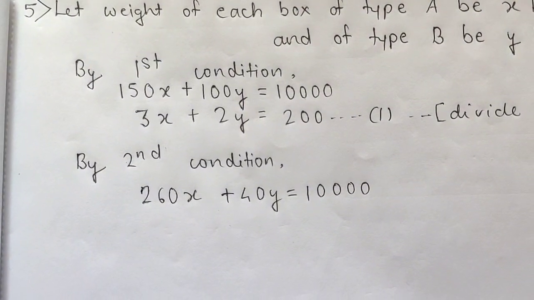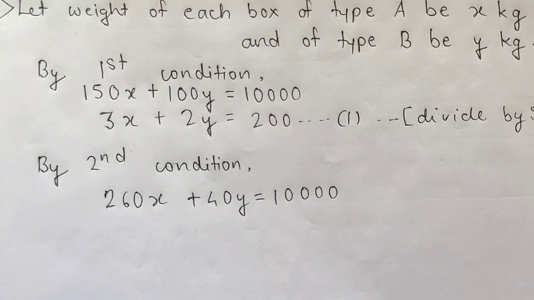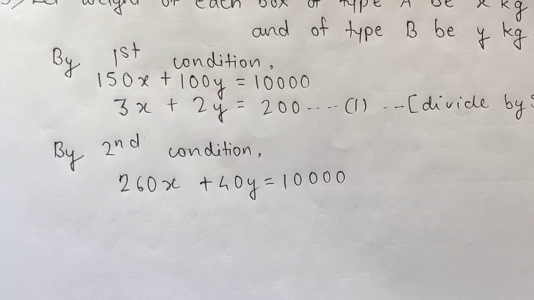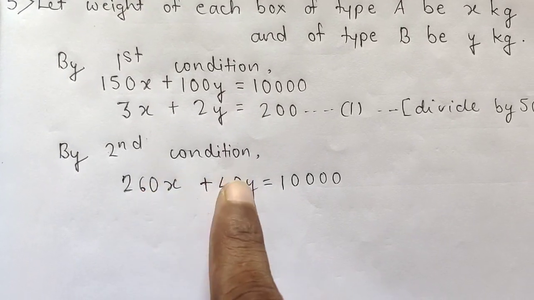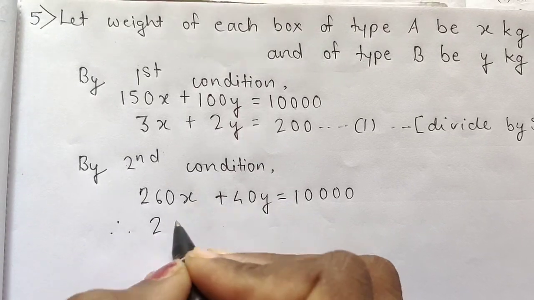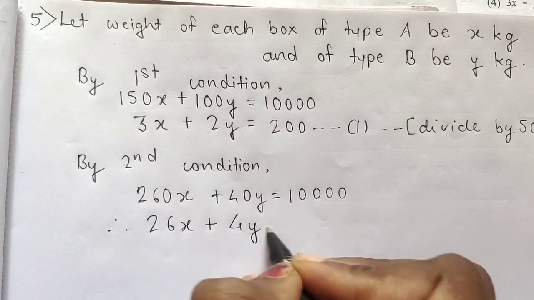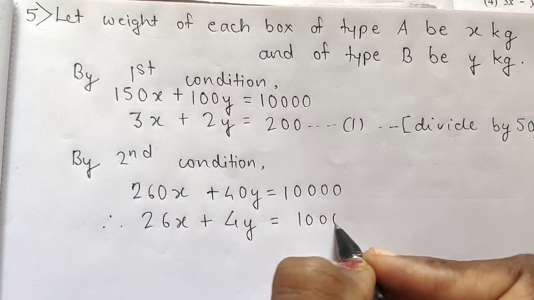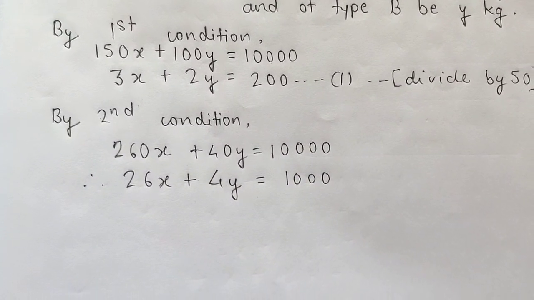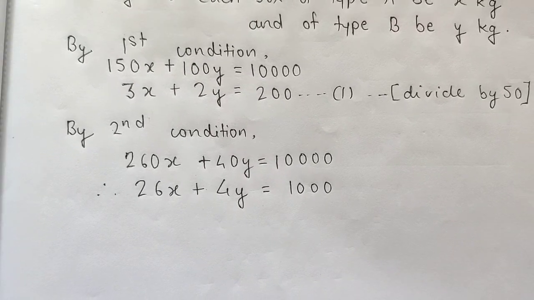Now see, in this case you can cancel one 0 of each term, that is, divide by 10. So what are you getting? 26x. One 0 is cancelled, so 4y, and here you are getting 1000. Okay, again you can see you can divide each by 2.